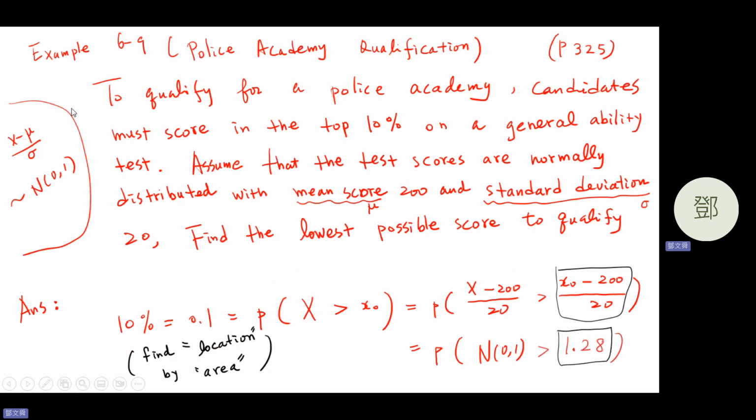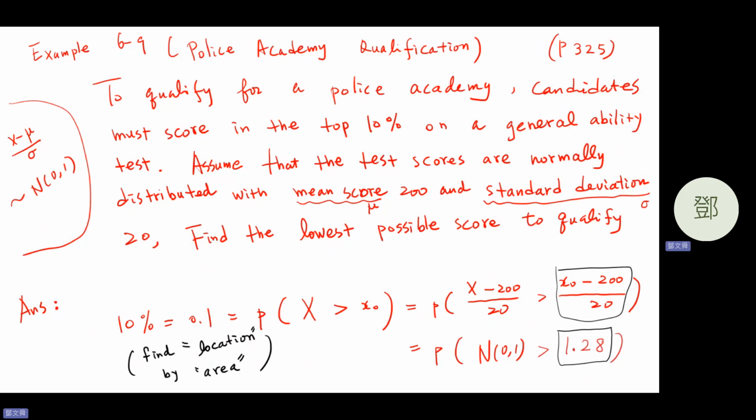So find the lowest possible score to qualify. Suppose this is the lowest possible score, the lower bound for the score of a qualified candidate. You must score more than X0 to qualify. Let me explain the meaning of X0: the candidate must score more than X0 to qualify.